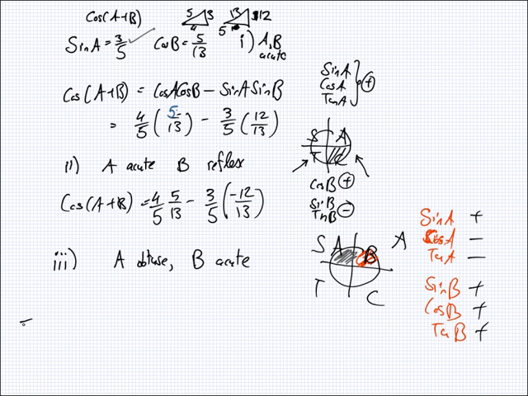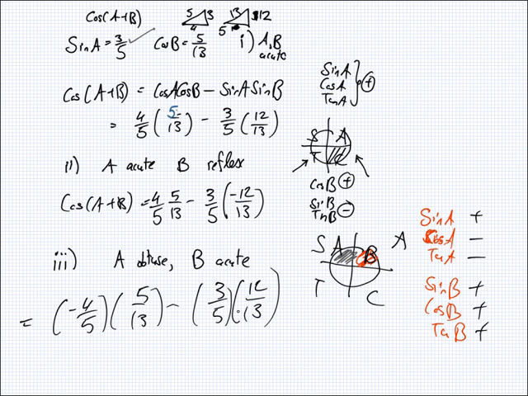So, if we use our formula again, cos A is negative. Cos B is positive. Sine A, positive. And finally, sine B, positive. And that's the answer.